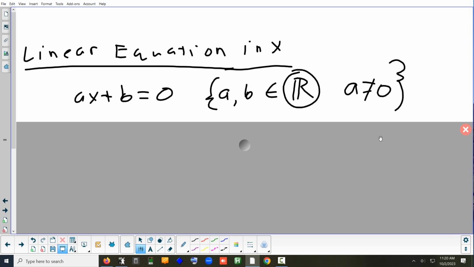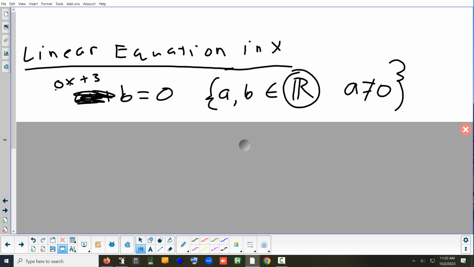Because if a was 0, and you filled in a 0 for a, you'd have something like 0x plus 3. I'm just making up a number for b. What's 0 times anything? 0. So if you do that, this cancels out. And now you just have b equals 0.